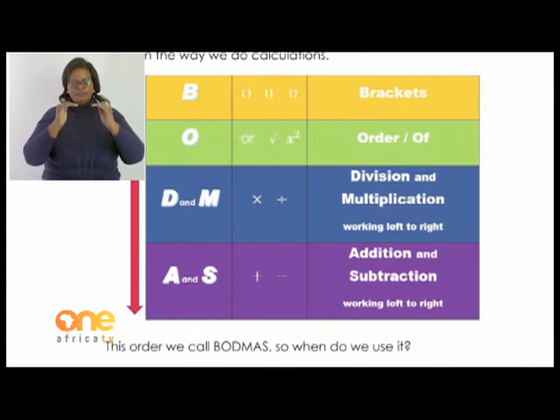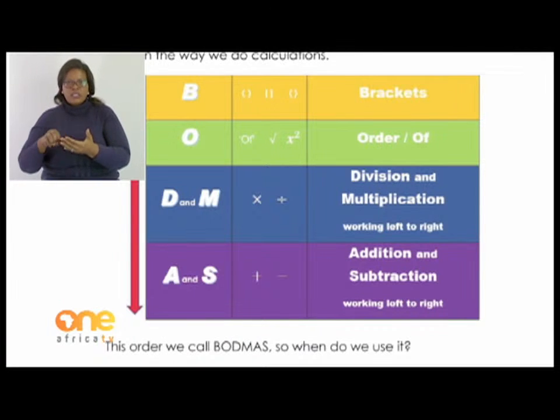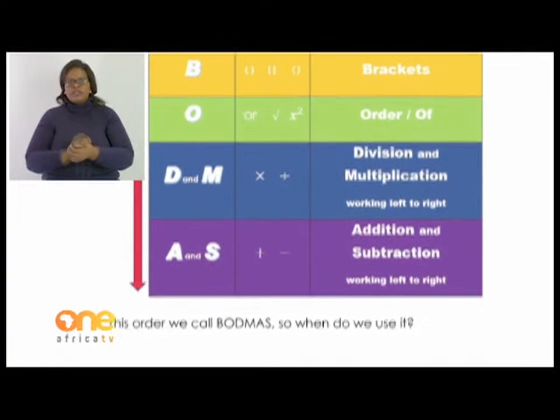Then D and M is for division and multiplication. We're working from left to right. Lastly, in the operation, we will do addition and subtraction, also working from left to right. So the order of operation is called BODMAS.